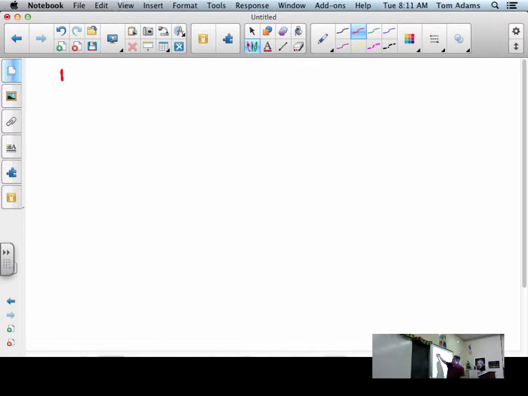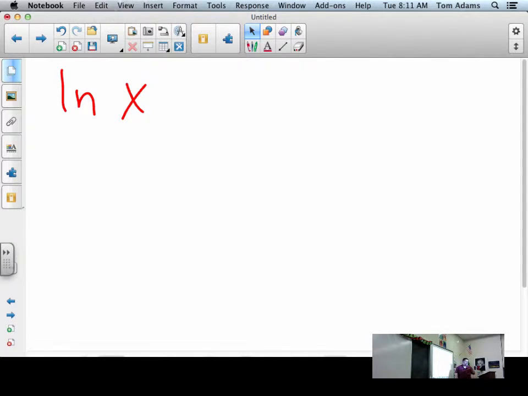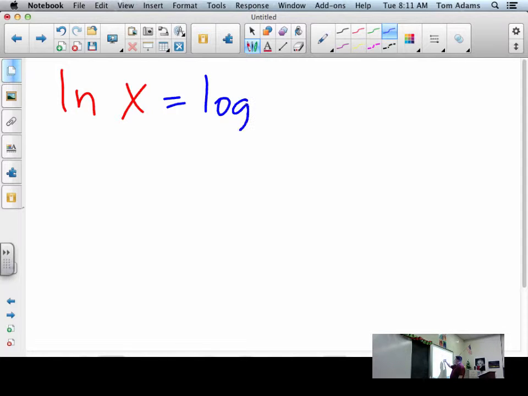Let's just start with the natural log of x, okay? Now remember the relationship: this is really log base e of x, and that's equal to y, right?